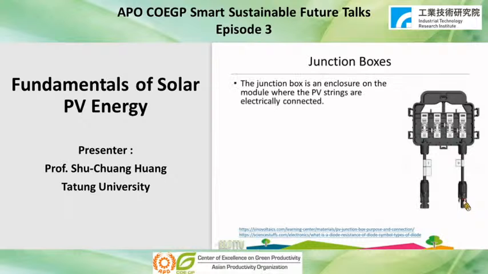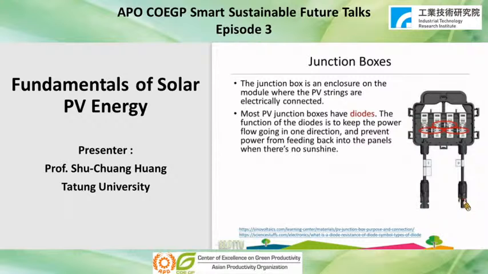Inside that, there are diodes and also connections to connect the cells in the module together. The diode is a one directional electrical device. It can only allow the current flow in one direction, but block the flow in another direction.